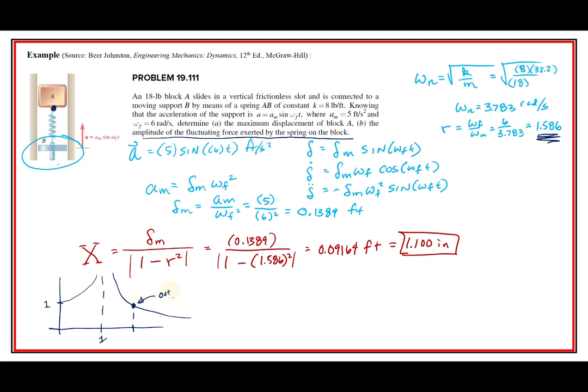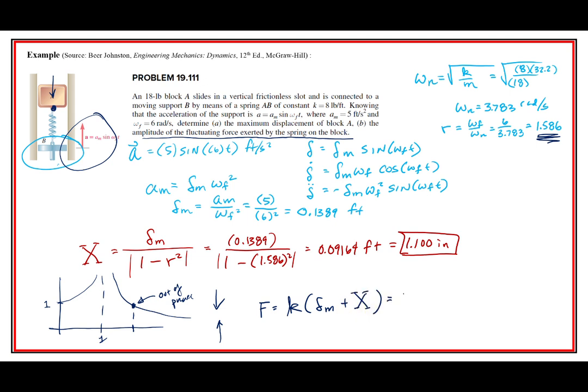So the out of phase thought process is that when this thing is moving upwards, this guy is moving downwards, right? So we're going to have the most amount of spring deflection.